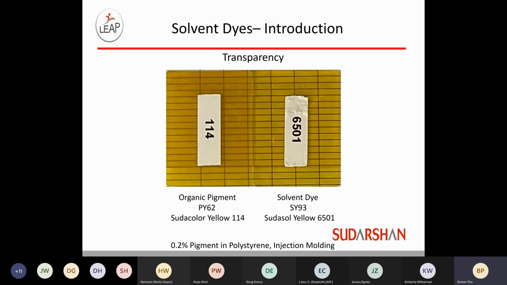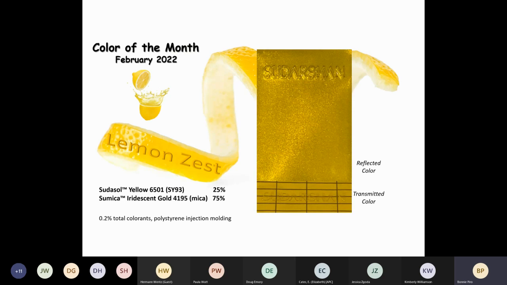And it is interesting to note that taking advantage of that clear, crisp transparency of the solvent yellow 93 just made our color of the month for February that much of interest for this webinar series. So this color of the month, called Lemon Zest, was created with the solvent yellow 93 and an iridescent gold mica 4195 in a 25 to 75 ratio.